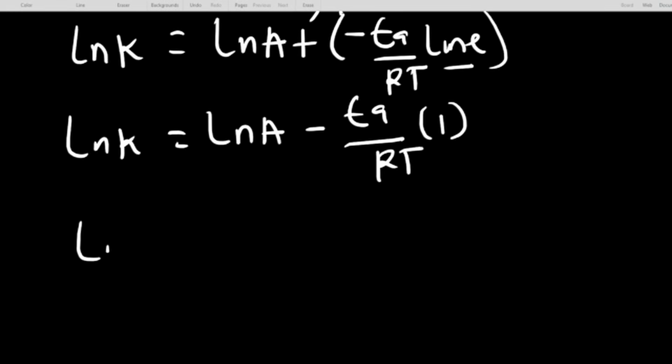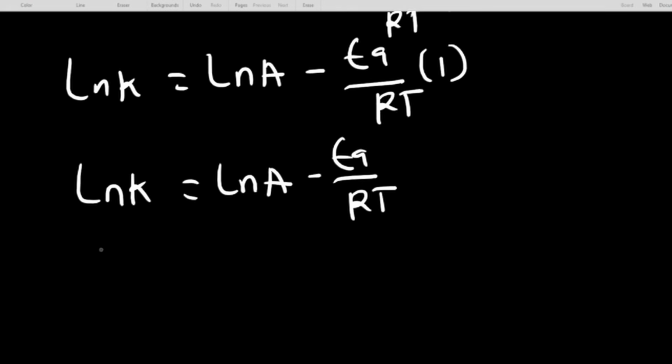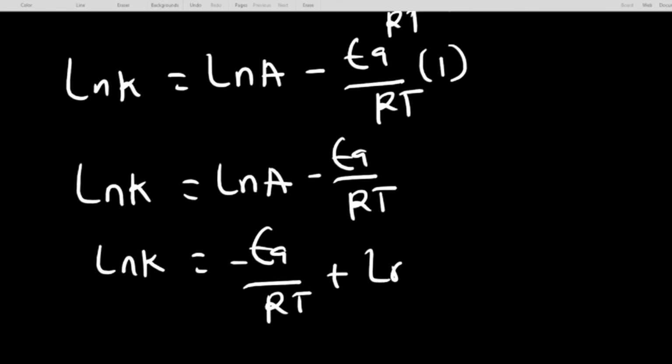Again, we have the natural logarithm of k equals ln A then minus Ea over RT. Writing this nicely, we have that ln k is equal to negative Ea over RT plus ln A. Okay, so I did not really change anything here.